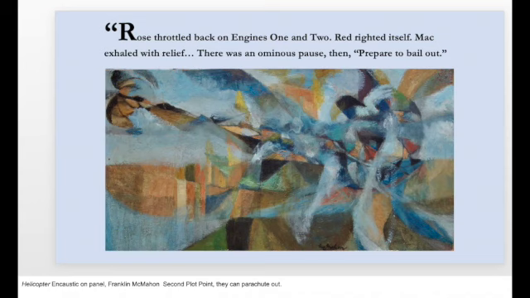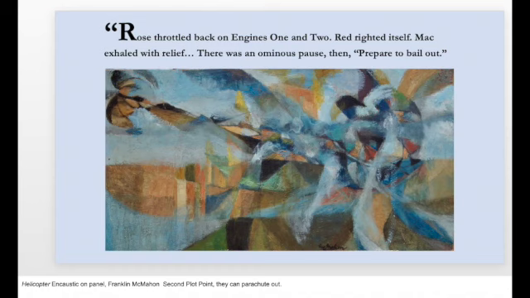"Throttling on, engines 1 and 2," co-pilot Rose shouted, as the Texas co-pilot Rose throttled down on engines 1 and 2 and got the plane out of the centrifugal force that pinned everyone in. Rose throttled back.